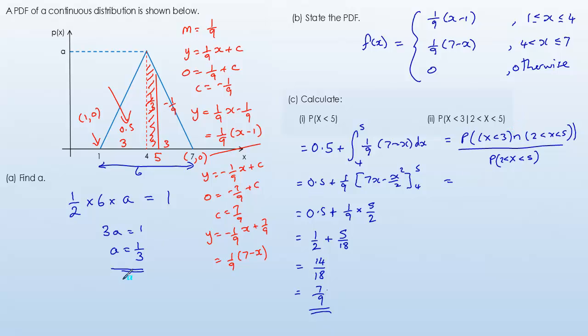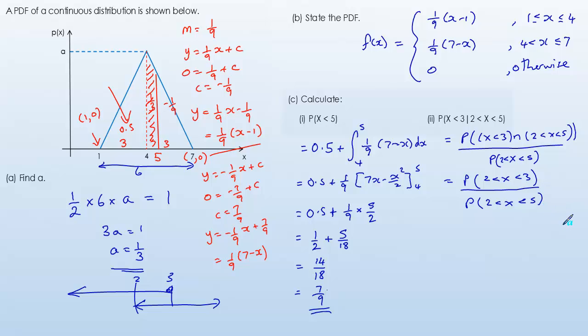Now if we think about this overlap here, so x is less than 3 would go there, x between 2 and 5, and so they overlap here between 2 and 3. So that's the probability that x is between 2 and 3 over the probability that x is between 2 and 5.